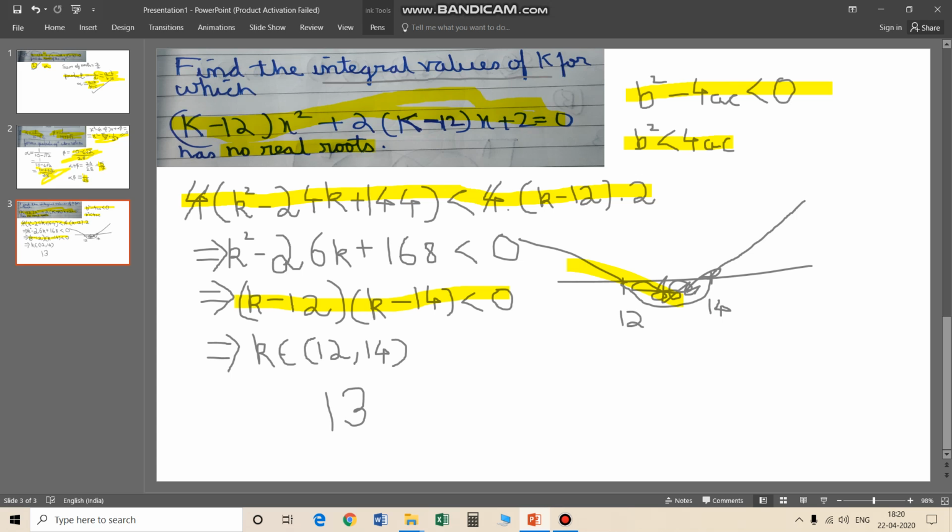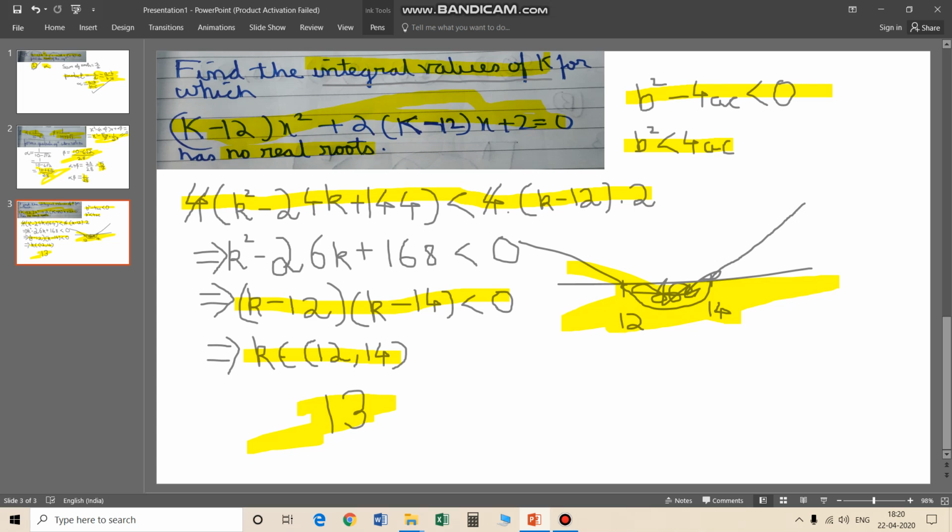Used the wavy curve method to find this value to be between 12 and 14. From the interval, found out the answer by looking for the integral values. If it were asked about rational values, it would be this. But now the final answer is this.